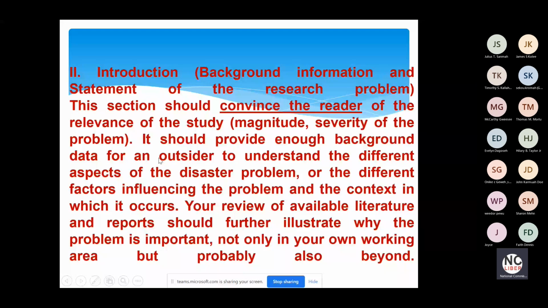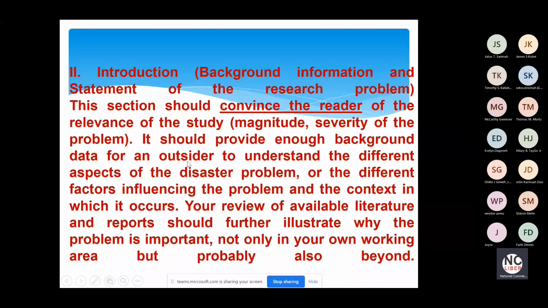You should be able to convince them about the relevance of your study. This study is serious. Why? What's the magnitude, the size? It's serious. Now, I told you about the magnitude in terms of how large the problem is, how serious it is. You have to be able to convince your reader in the introduction.